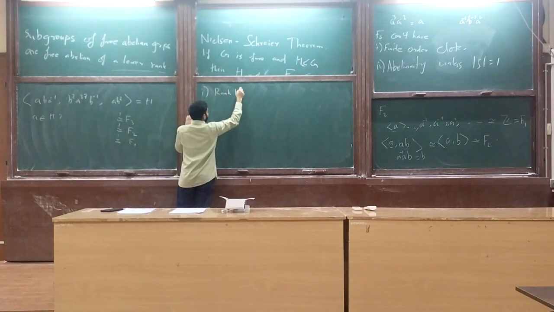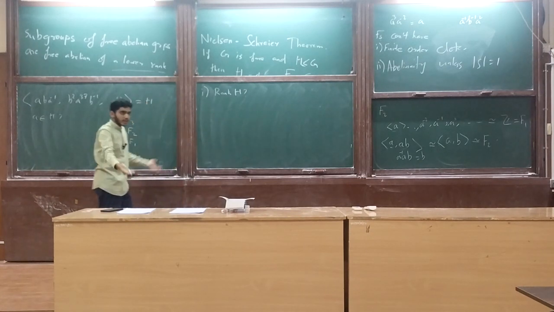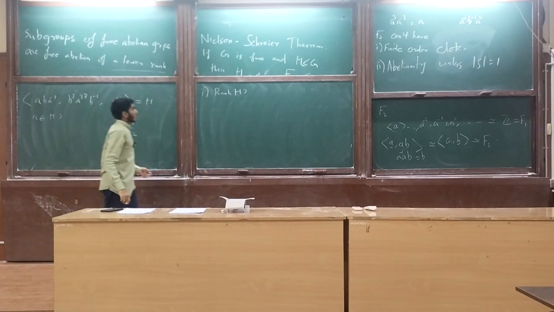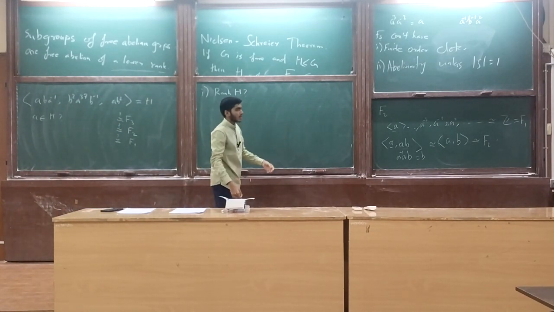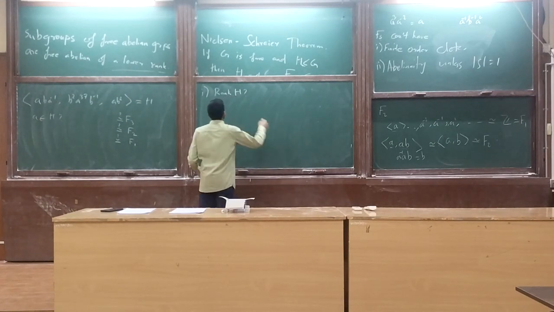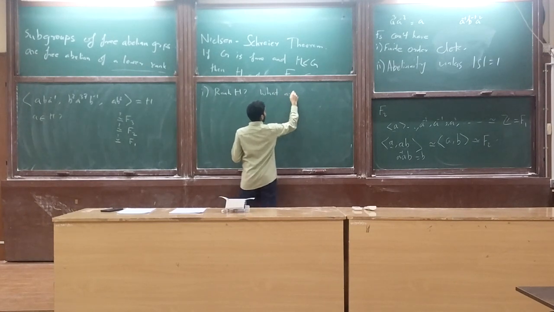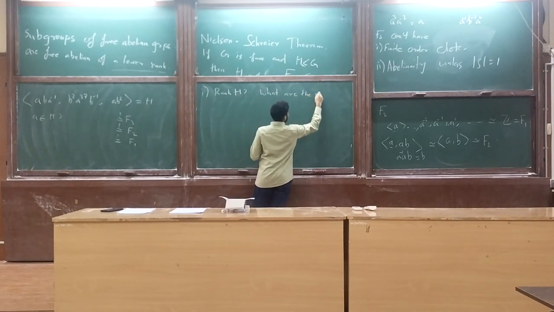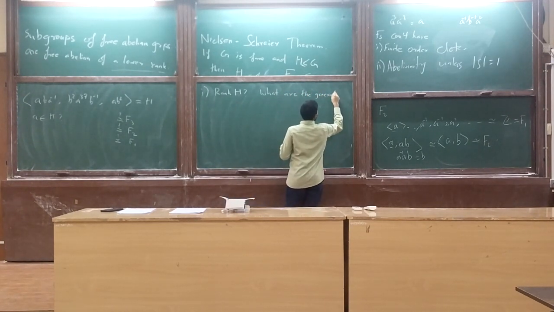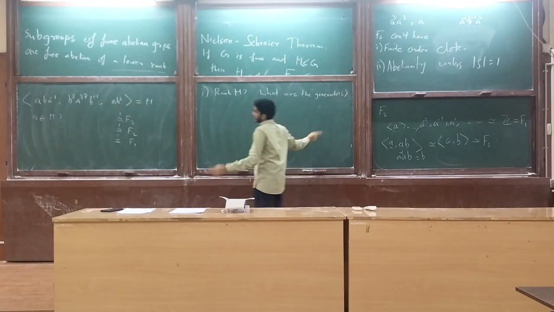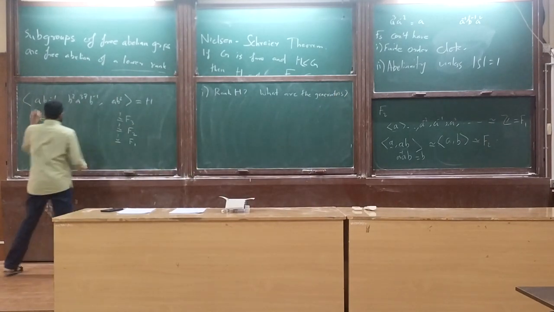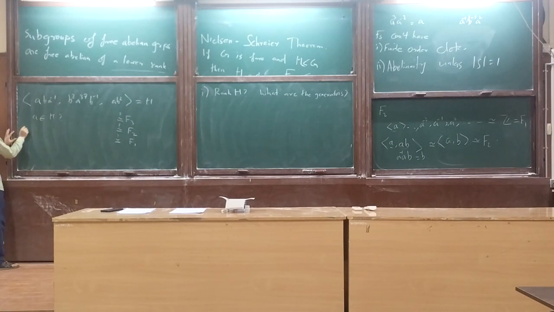Rank is how many generators H is free on. So for example, the rank of F2 is 2 and the rank of F3 is 3. What is the rank of H? What are the generators? Let's take a different example.